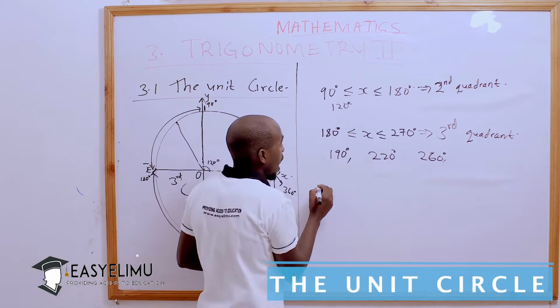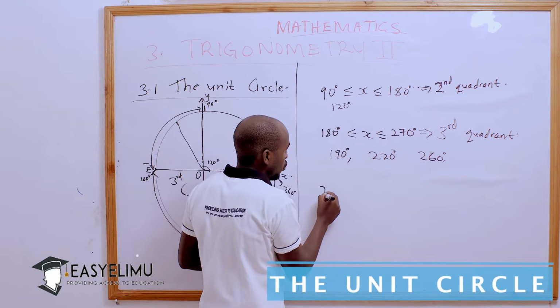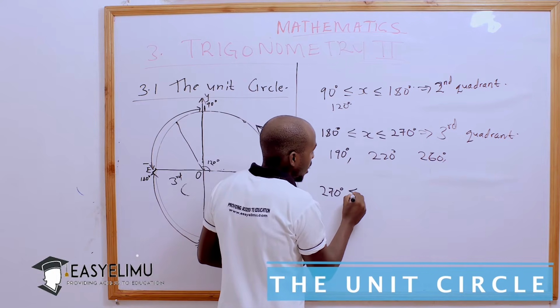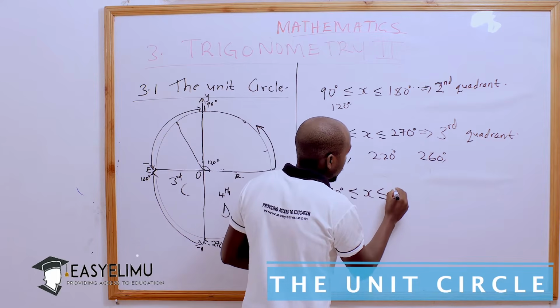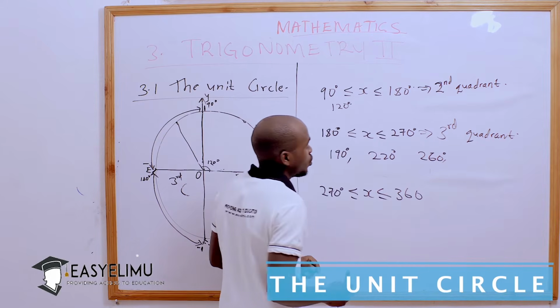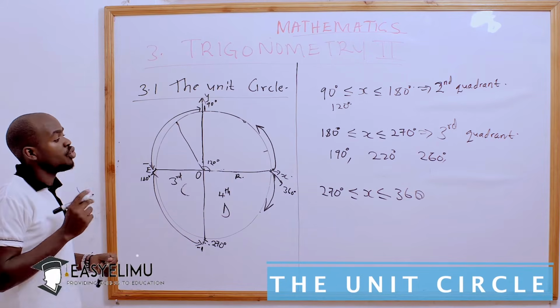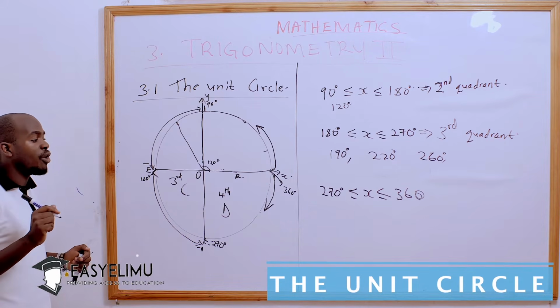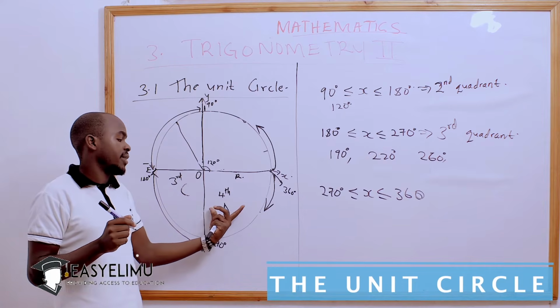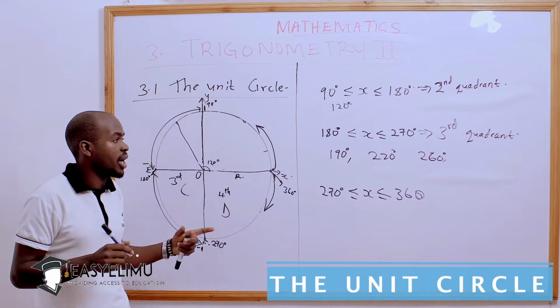And then if you find an angle lying between 270 degrees and 360 degrees, that is 270 degrees less than x, you will find that the angle falls under the fourth quadrant.